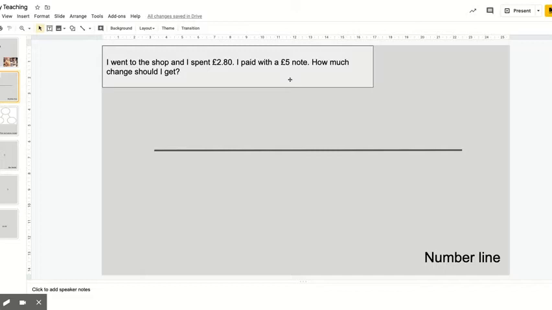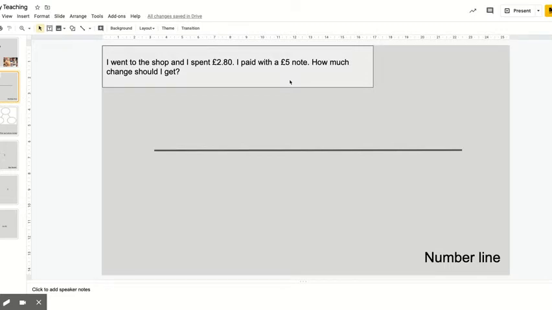So if I spent £2.80 and I paid with a £5 note, if I didn't get any change back, that means all of a sudden I spent a lot more money on those items than I should have done. So I should definitely be getting some change back, and I'm going to show you how to use the number line to work out exactly how much change I should get back.